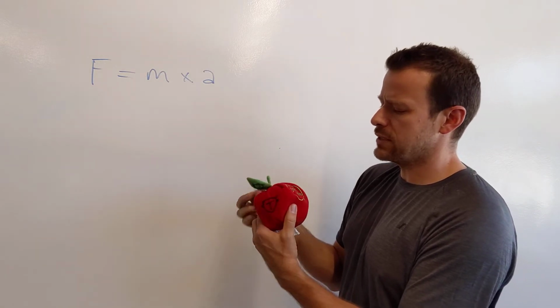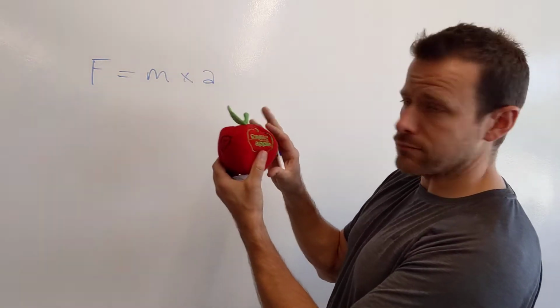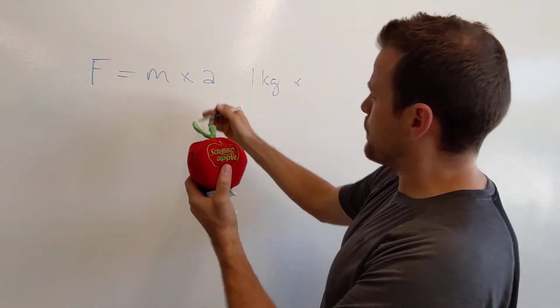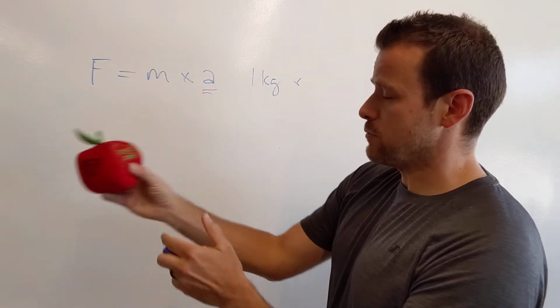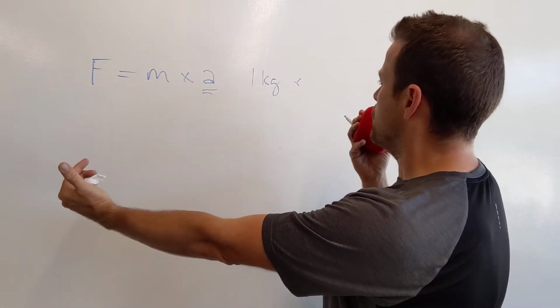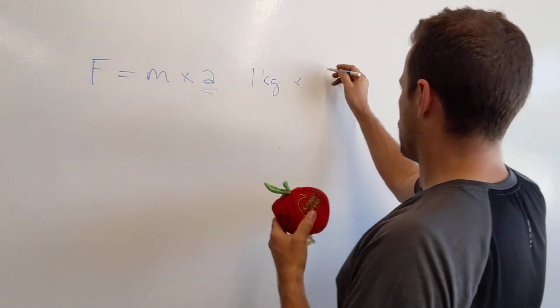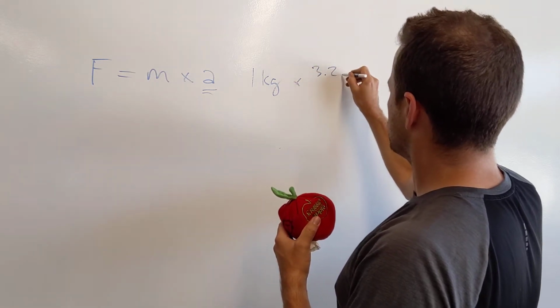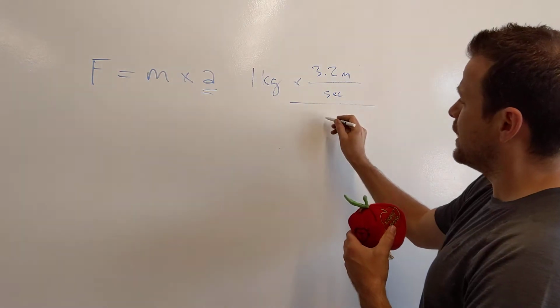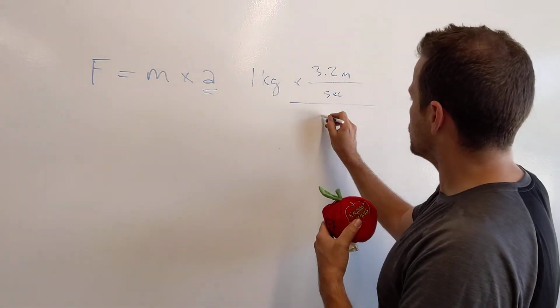We said, what if I could take something that weighed, I don't know, 1 kilogram, and we multiply it by how fast it's going. In this case, we moved it a whole meter, 3.2 feet, in 1 second. So it was going 3.2 meters per second, right? That's how fast it was going. And how long did we do this for? 1 second.